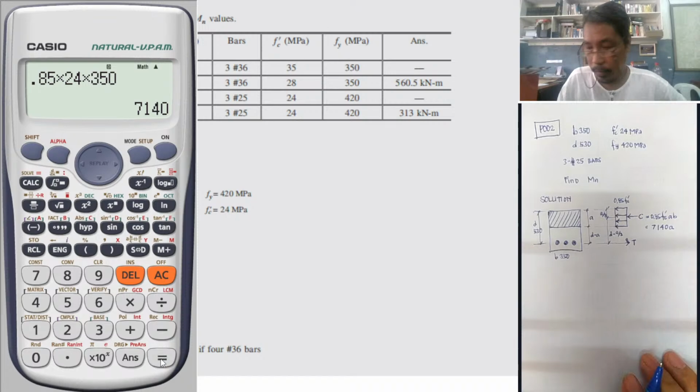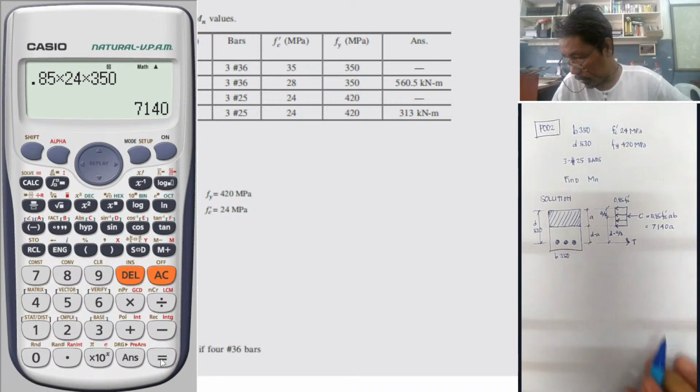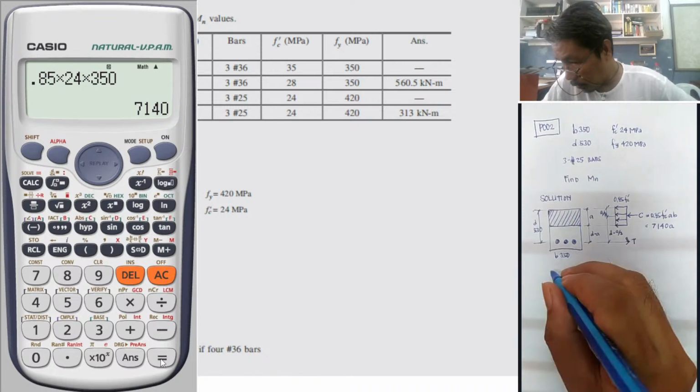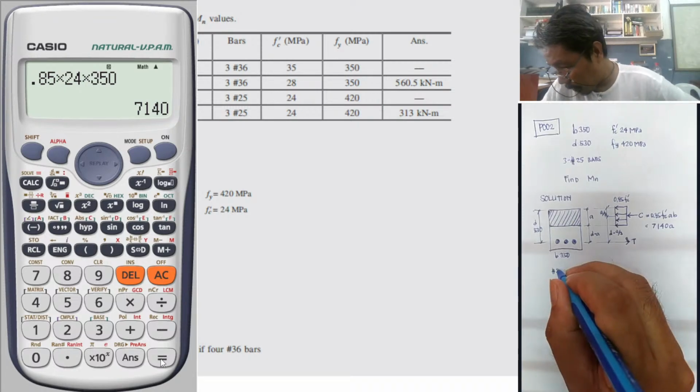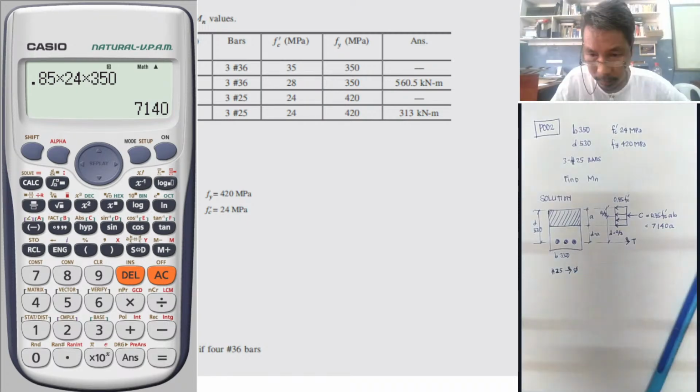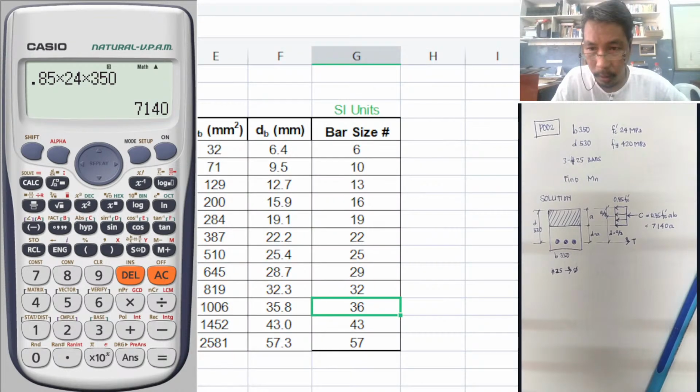Now for T, let us compute the area. Number 25 bars has diameter how much? So let us again get back to our table. So 25, the actual diameter is 25.4.